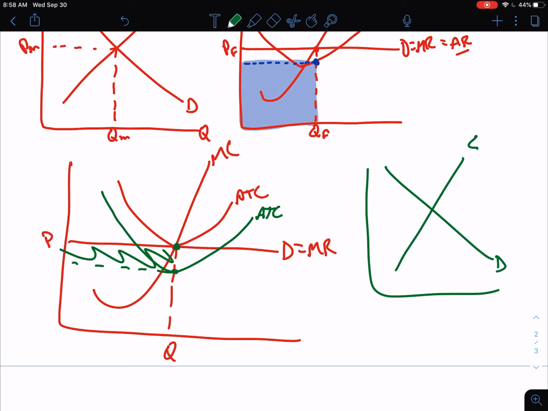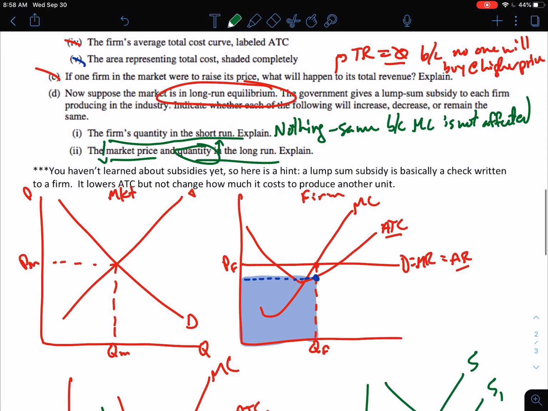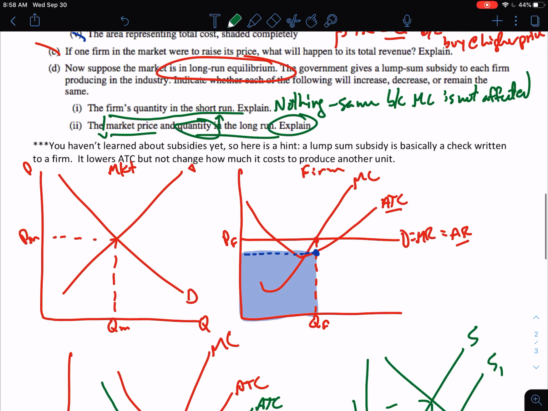Here's D, here's S, we go to S1 and we see that the market quantity increases and the market price decreases. Again, you don't have to draw that, you have to explain it. So a rightward shift in supply makes Q go up and P go down.